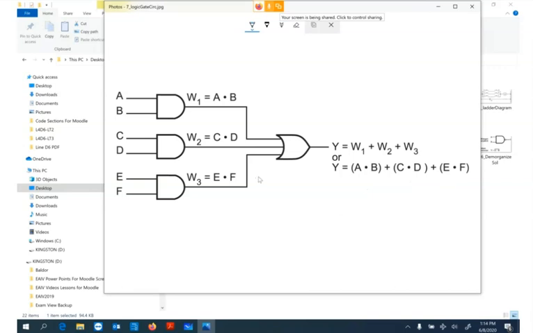The plus in between means we're feeding an OR. Of course, the W1 through W3 here just represent each of the AND combinations, but you could write that expression. You'd probably see the more common way of doing it, because of the way this is labeled on the input, rather than using the W's.